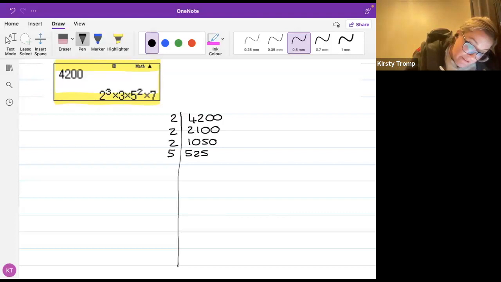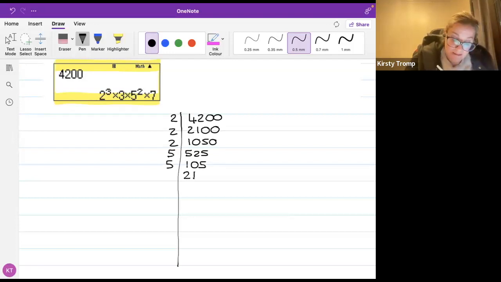5 goes into 525, 105 times. 5 can go into 105. How many times does it go in there? It goes in 21 times. What's the next factor that can go in there? I can get 3. 3 goes into 21 7 times, and 7 goes into 7 once.